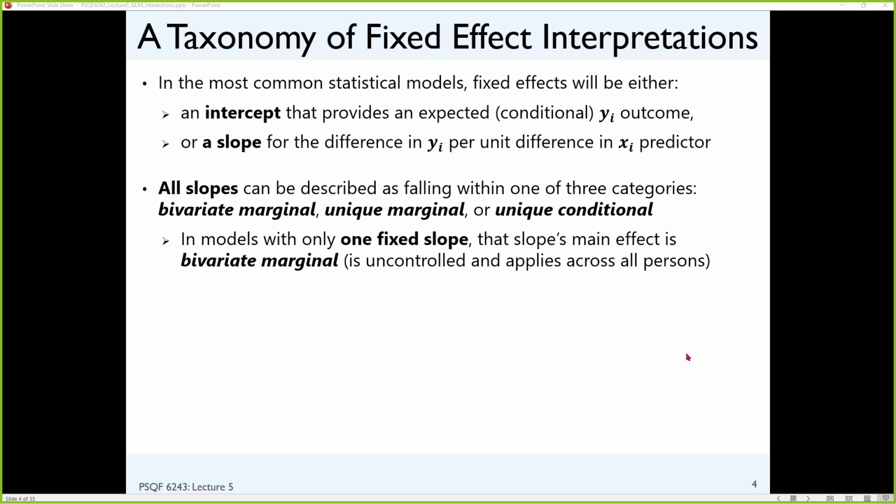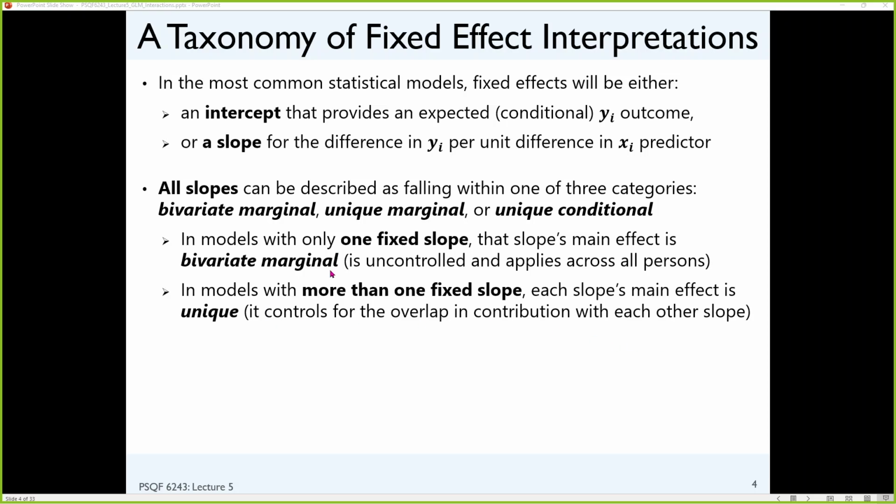And the rules are as follows. If you only have one fixed slope in your model, that slope's main effect would be considered bivariate, meaning just the 2 variables at a time, and marginal, because it applies to everyone. Like if I told you the slope of x is 2, then everyone's outcome goes up by 2 as a function of where you are in x. It's not a different slope for each different kind of person. So marginal means like unconditional, it's for everybody.